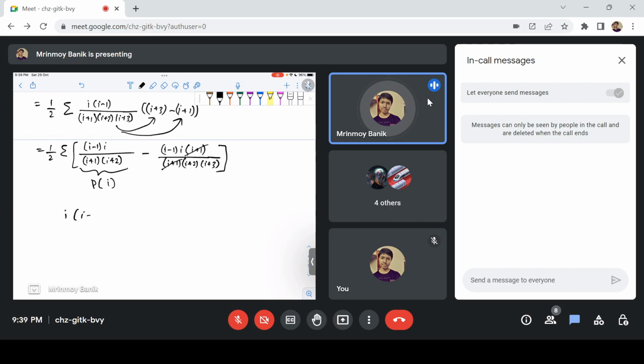So we have I times I minus 1 or I minus 1 times I and I plus 1 times I plus 2 times I plus 3, and similarly the same thing here. So how can we multiply things so that they still remain equal?